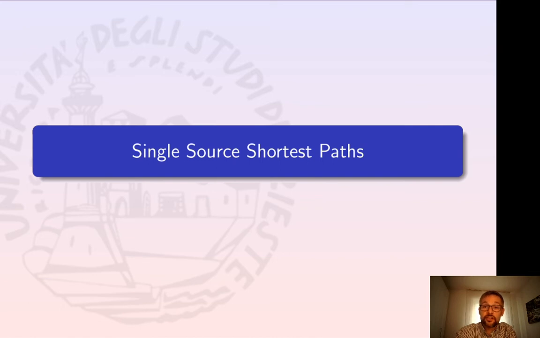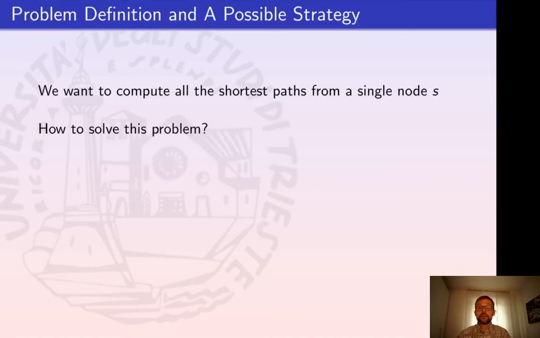So the problem here is the single source shortest path problem. And the idea is we want to compute all the shortest paths from a single source. So how can we solve the problem?